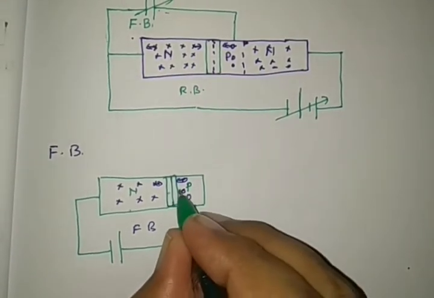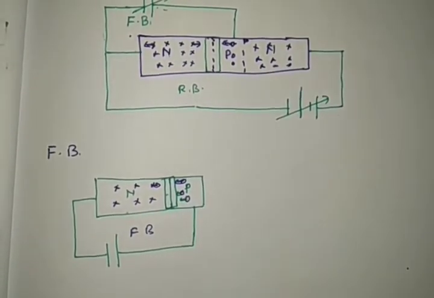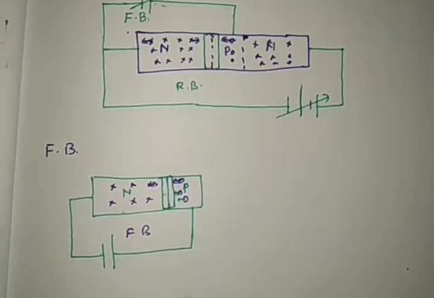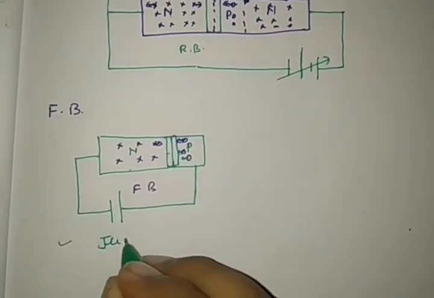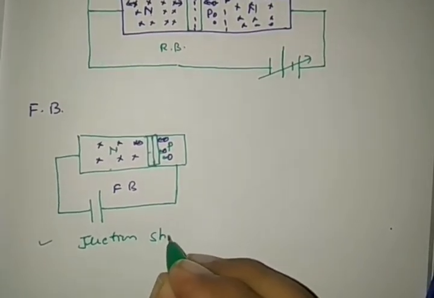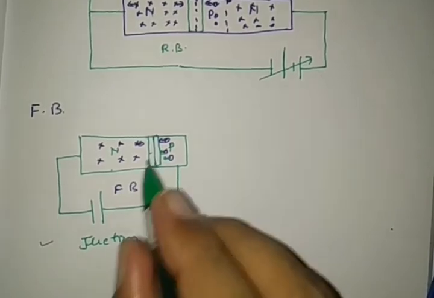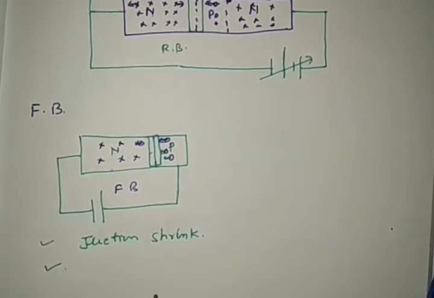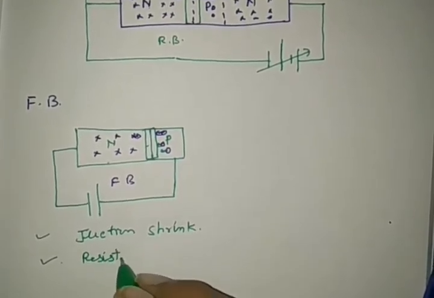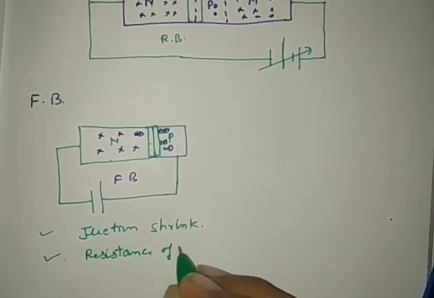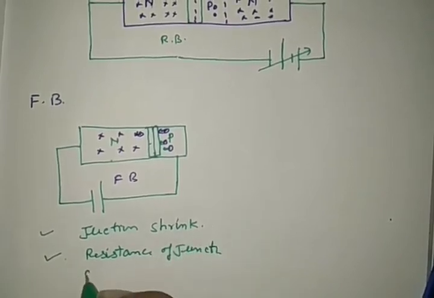The junction shrinks because when potential is applied, the majority charge carriers of both sides try to cross the junction. In that condition, the junction shrinks and its size becomes small. If the size becomes small, then the resistance of the junction decreases, right?